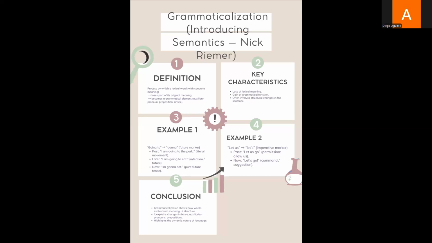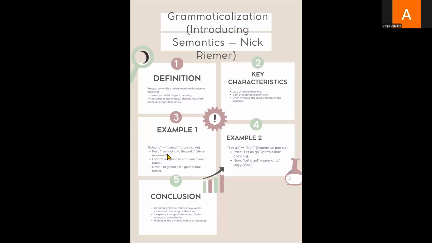So basically, we have two examples that are going to help us understand this topic about grammaticalization more. For example, take the expression "going to." Originally, it meant physical movement, for example, "I'm going to the park."